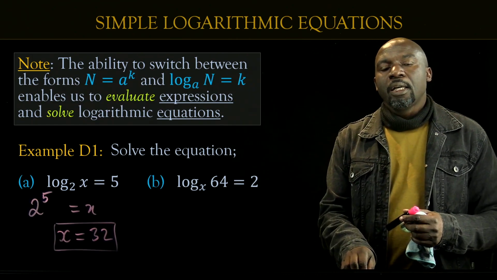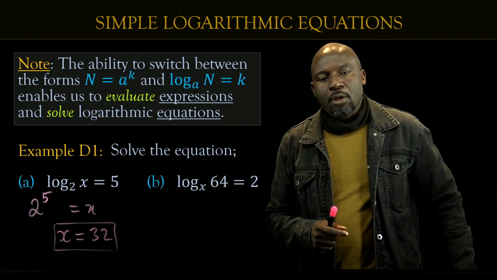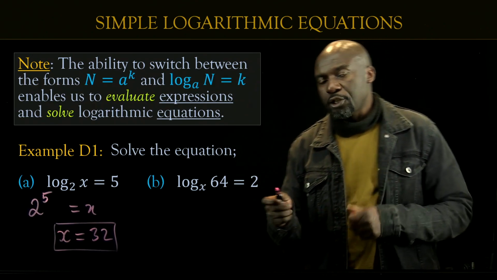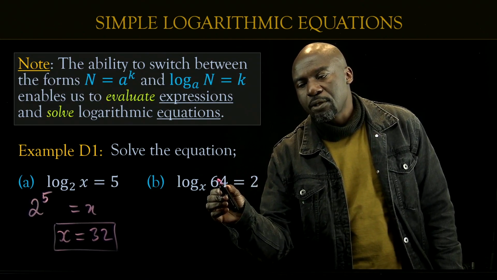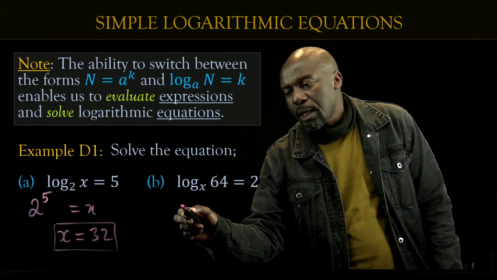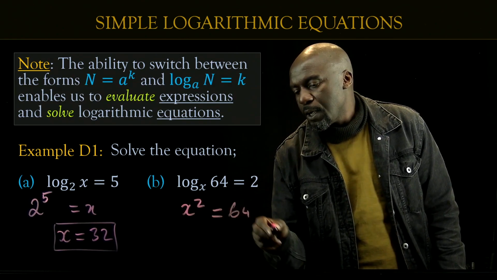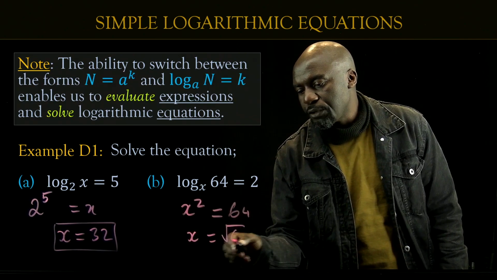Here's a second one. Log to base x of 64 is 2. So once again, let's change that to exponent notation, and we'll write x to the power of 2 must be 64. Well, we know, therefore, x has to be the square root of 64.